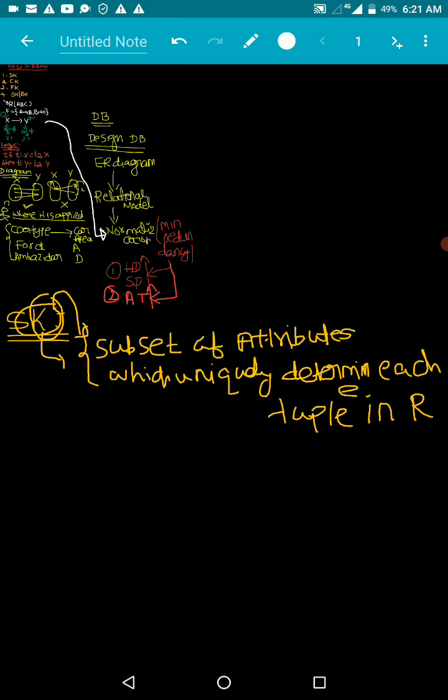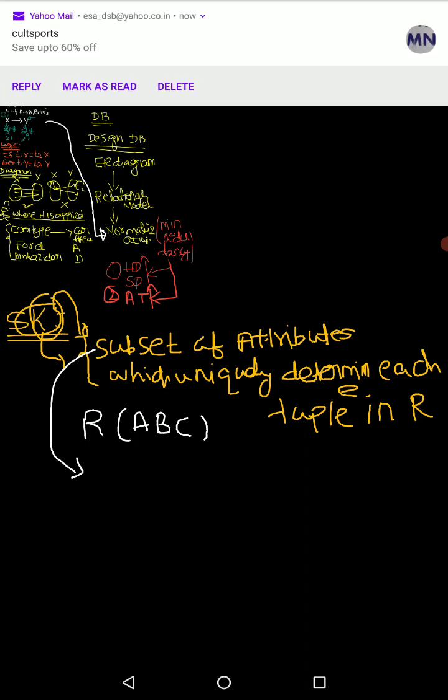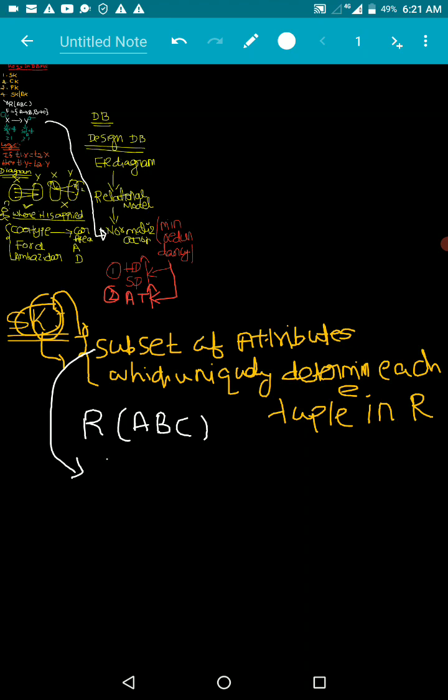Take the same relation which has attributes A, B, C. What are the possible subsets? We studied this in discrete mathematics. The first subset is the empty set.